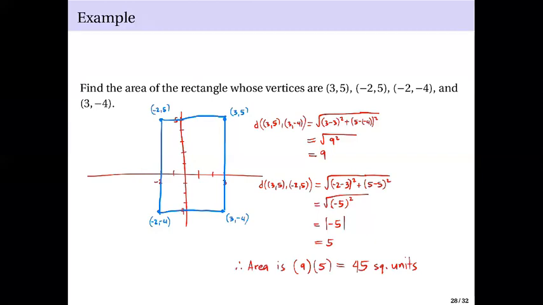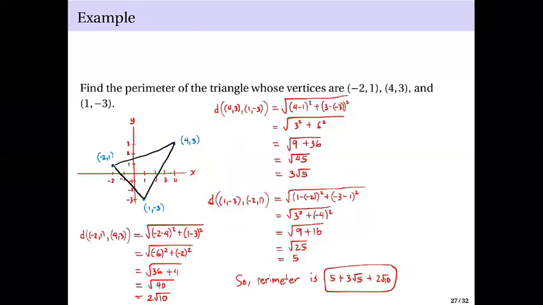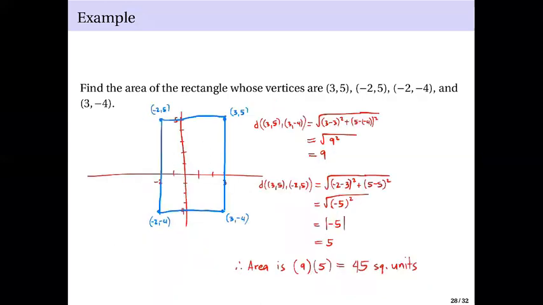And by the way, in the previous one, let's just formalize since we were looking at the perimeter. So let's just say this is units. And here, since we are talking about area, it should be square units.